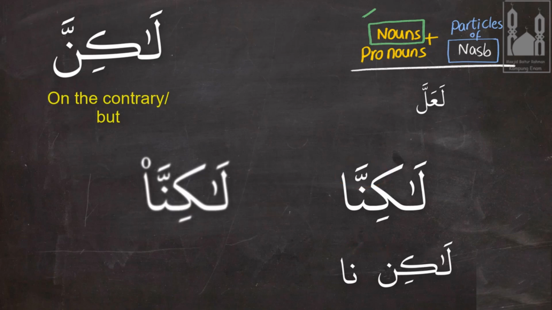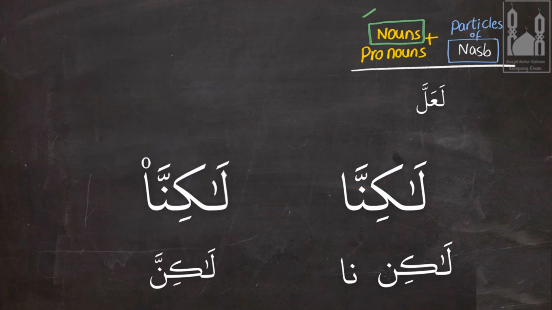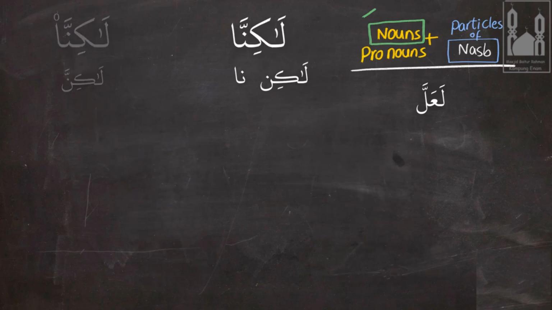While this word here is actually the same as لكن, but it is written differently in this position with an alif at the end. This alif has the zero sign on it, which means that it should not be pronounced when you keep on reading. But if you stop at the word, you will pronounce the alif. And here is the difference in pronunciation between the two words.